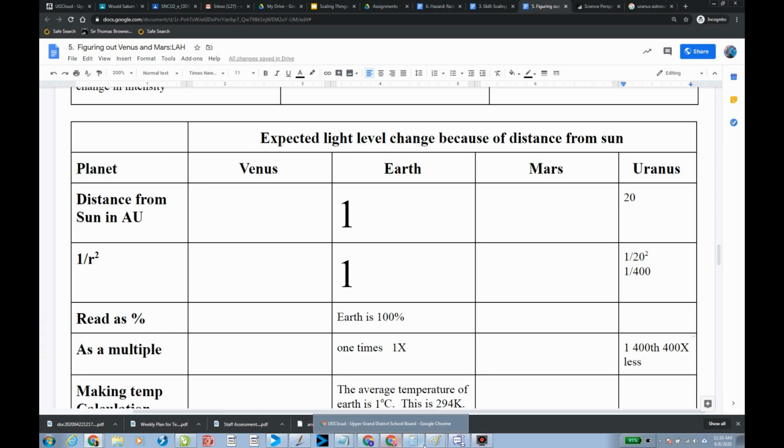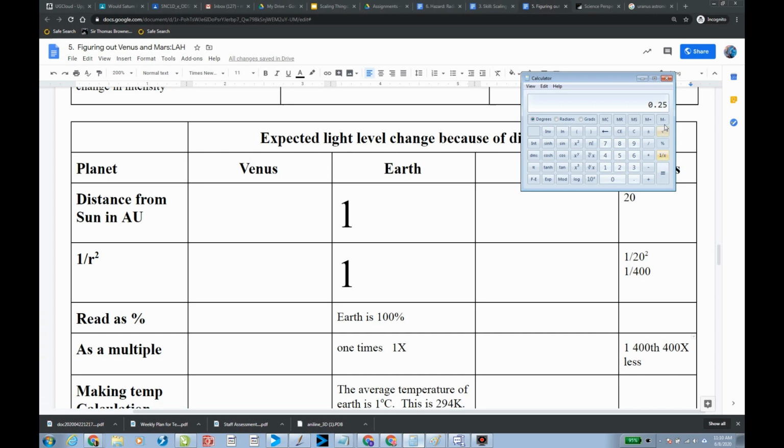As a fraction, we can do this on a calculator. You can do 20 squared, and the nice thing is you can do the 1 over really easily. I just did the 20 squared part, and then if you look around here, there it is, 1 over, and it'll flip it. So it's decimal 0.0025.